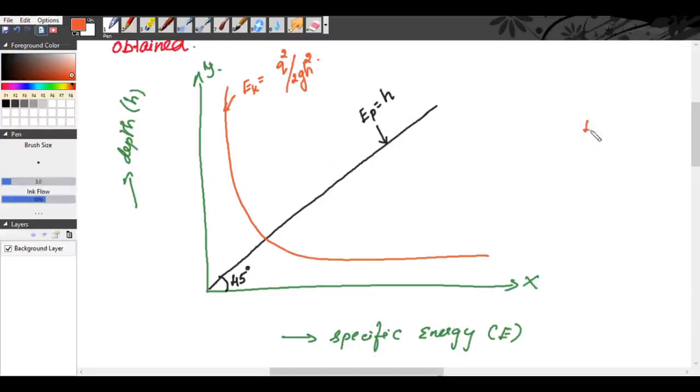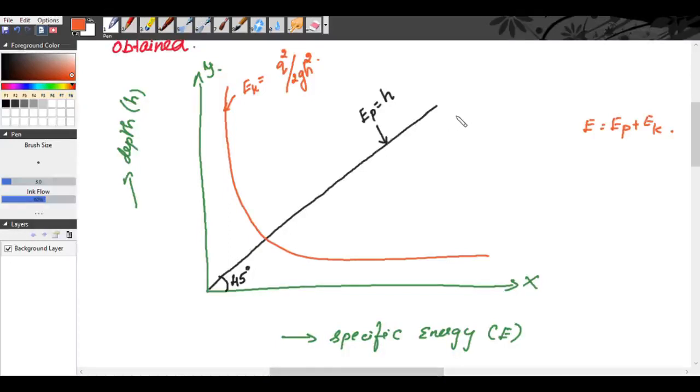Now, we know specific energy is equal to EP plus EK, potential energy plus kinetic energy. So we will add these both. Adding these both, our total energy will be like this.